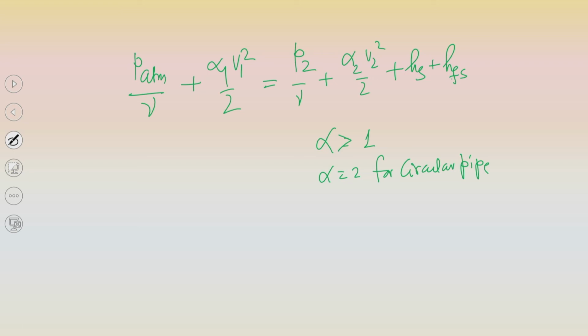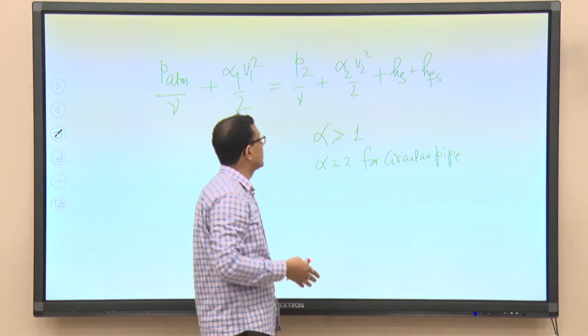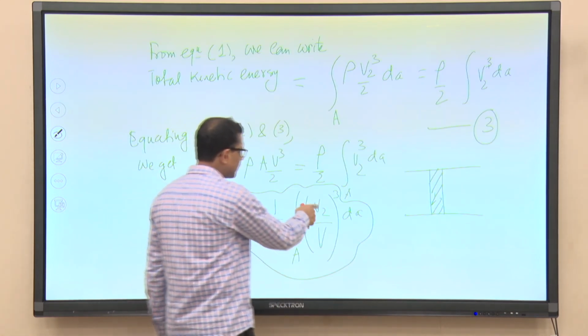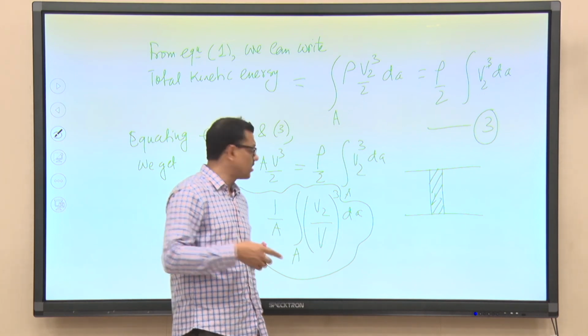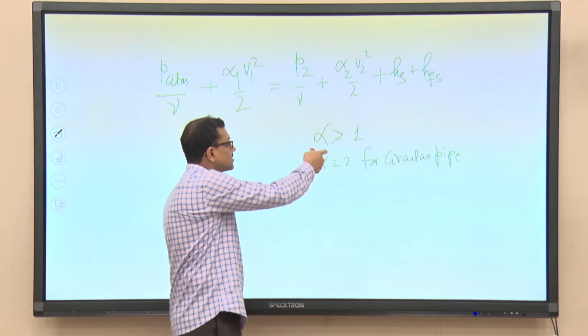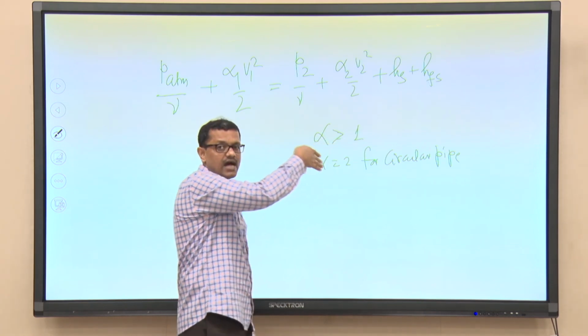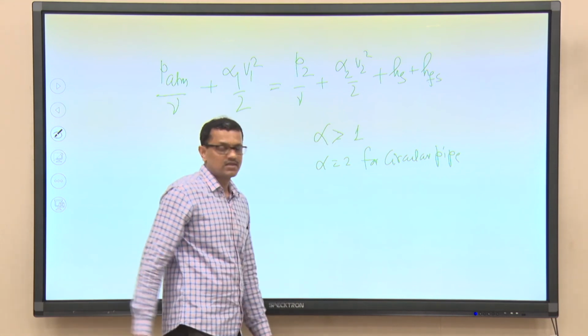If alpha is much greater than 1, then the velocity variation is large. So, V 2 is definitely not equal to V 1, right. The average velocity is not equal, so velocity variation is there. If alpha is more, then the velocity variation is high, but alpha equal to 2 is considered for the circular pipe.